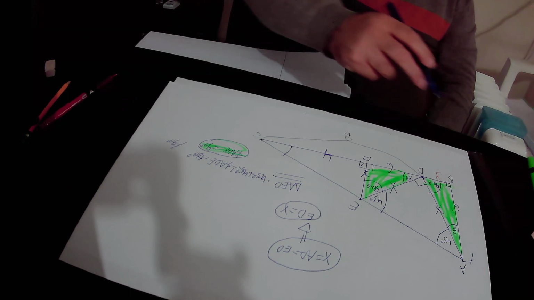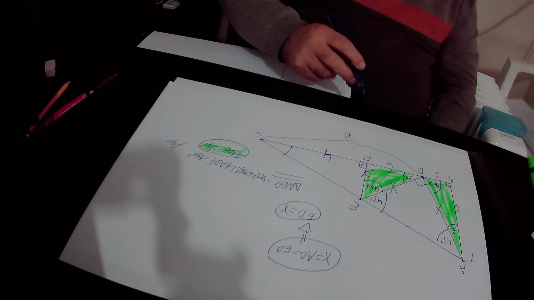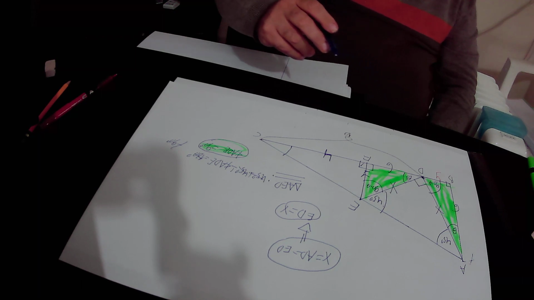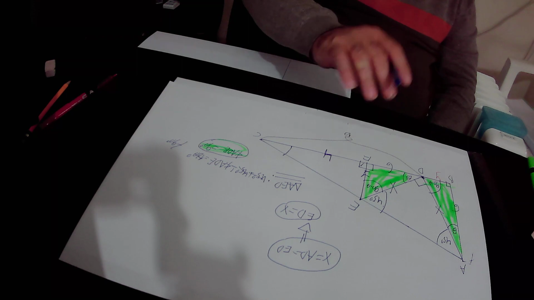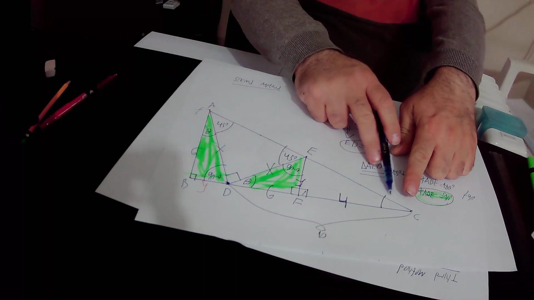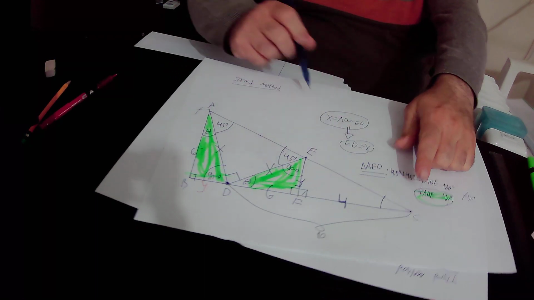So AB is 6, so we will substitute AB by 6. BC is equal to Y plus 10. You can see it easily from the drawing. That side BC of triangle ABC equals Y plus 10 units.